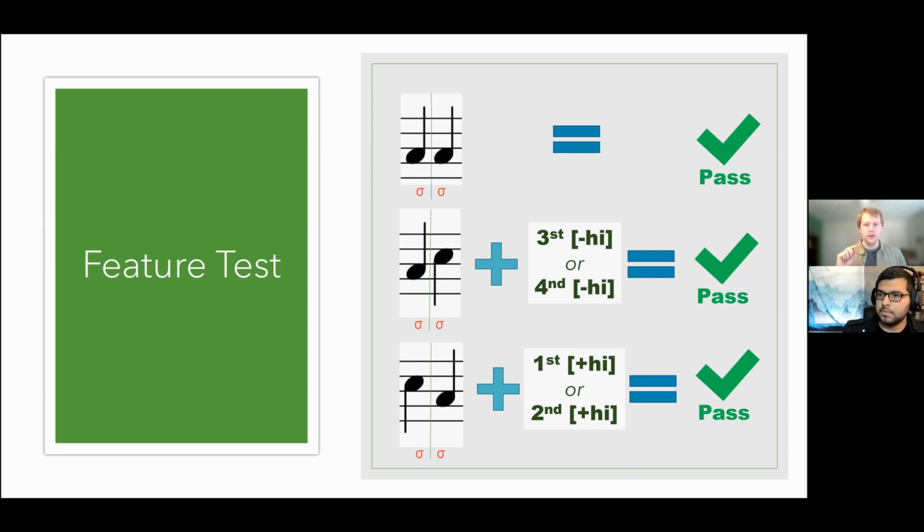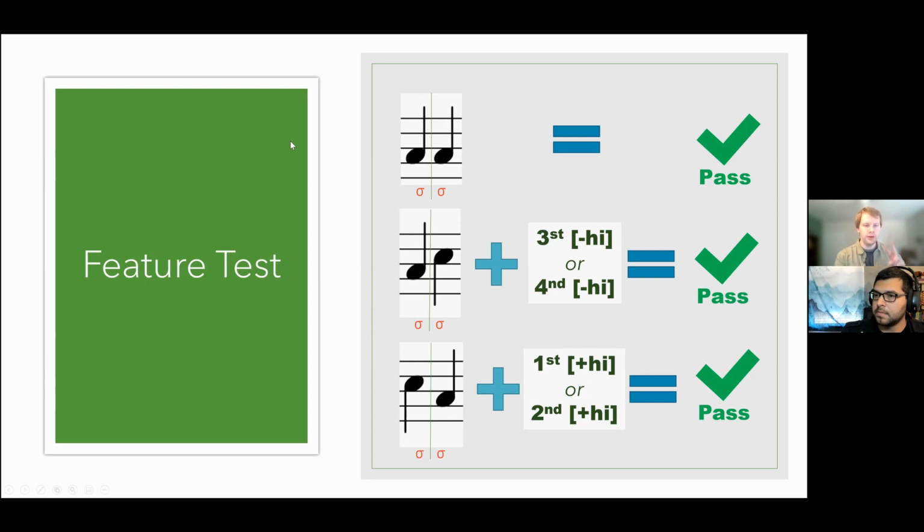If the tone features are plus high and the following note in the song is lower, then it passes the test. And if the melody remains level, it doesn't matter what the features are, it passes the test. All other situations would fail this test.